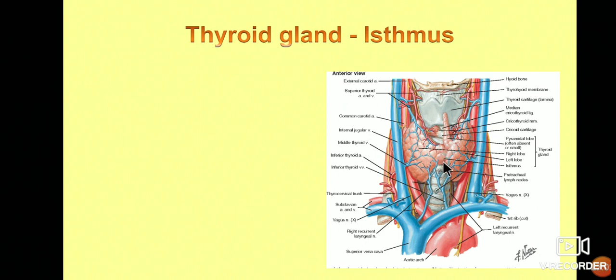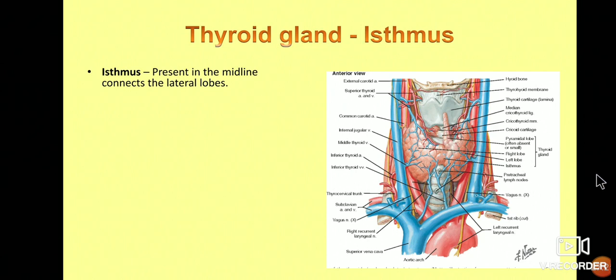The isthmus lies opposite the second, third and fourth tracheal rings, so it is related to them posteriorly. At the upper border, slightly to the left of the median plane, you can see a small extension which is called the pyramidal lobe.